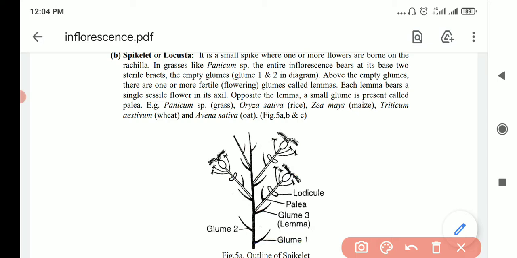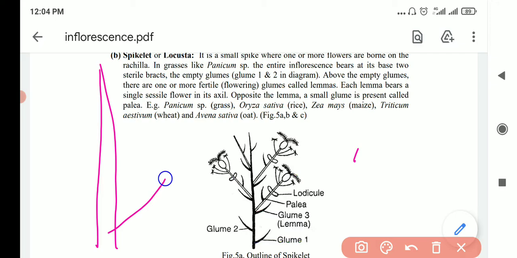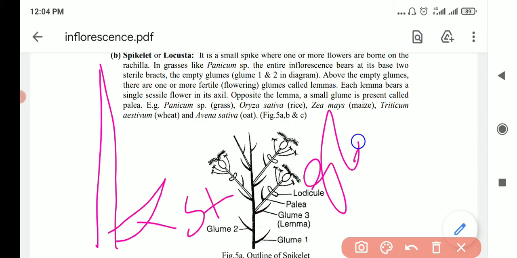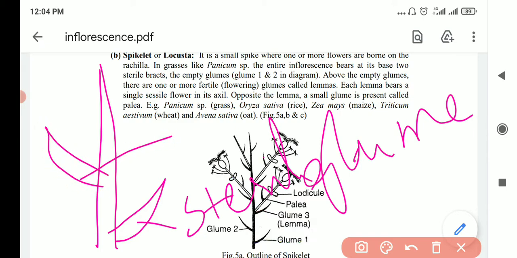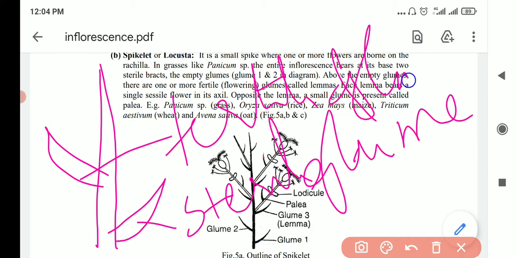Okay, now if we talk about the spikelet inflorescence, just imagine this is the rachis. Then this is one bract, I will call this a sterile glume. And suppose this is another bract, I will call it a fertile glume. Now why is it fertile?